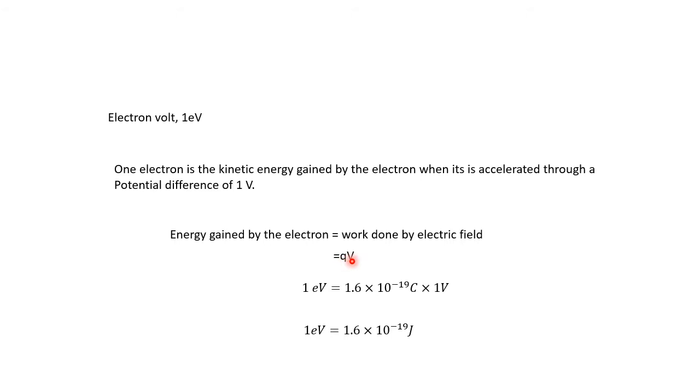Therefore, 1 electron volt will be the charge, 1.6 times 10 to the power minus 19 coulombs, times the potential difference, which is 1 volt. So 1 electron volt equals 1.6 times 10 to the power minus 19 joules. Joule is the unit of energy. Therefore, 1 electron volt is the kinetic energy gained by the electron when it is under the influence of a 1 volt potential difference.